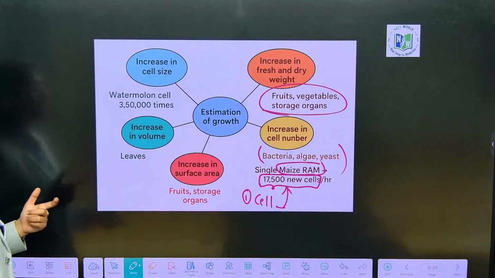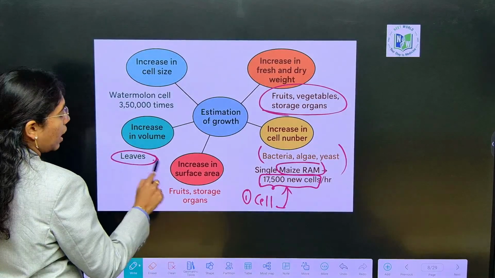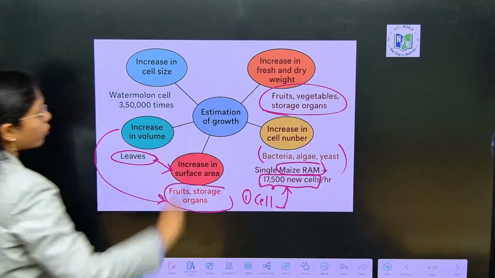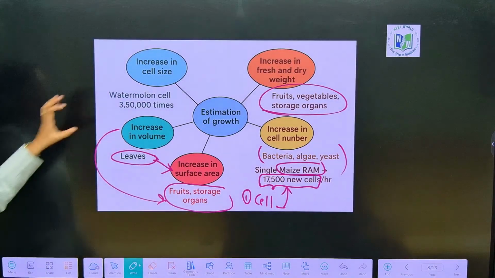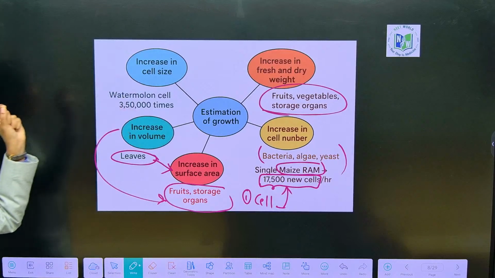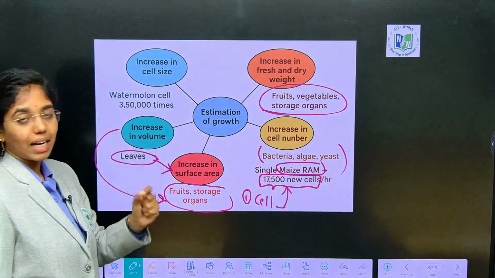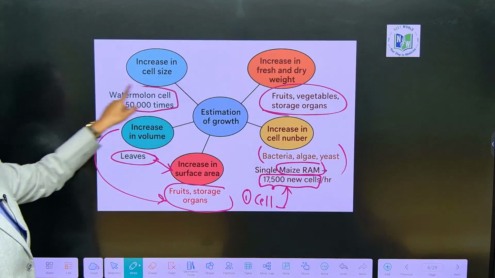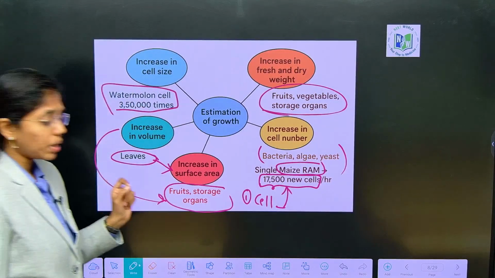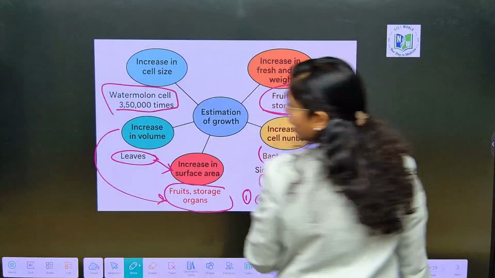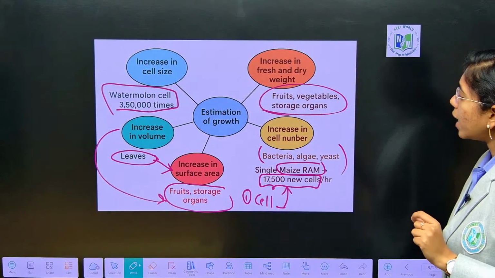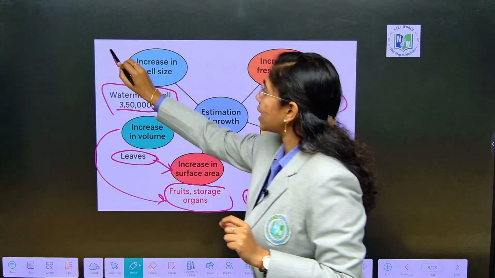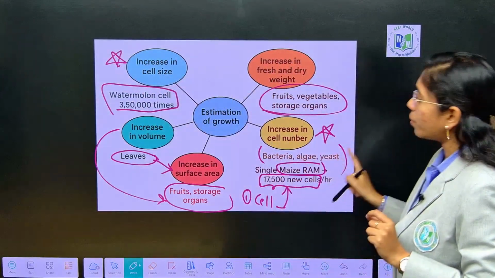Then increase in surface area is observed in leaves. Increase in volume you can see in fruits and storage organs. Increase in cell size, like a single watermelon cell can expand up to 3,50,000 times. Both increase in cell number and increase in cell size are clearly mentioned in your text.